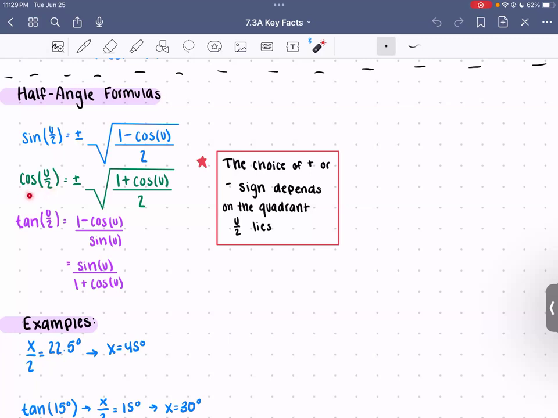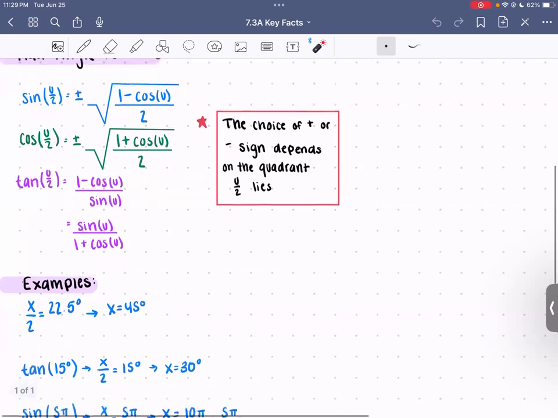Let's say we had cosine of 135. 135 is in quadrant 2. And remember, cosine is negative in quadrant 2. So you would have to put the minus sign in front because it's negative. So that's just how you would interpret that.